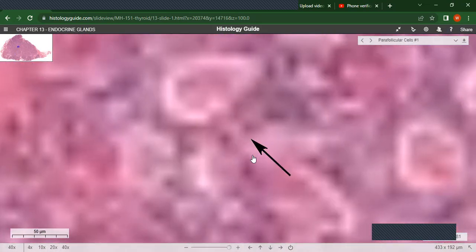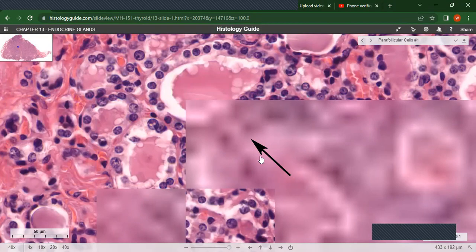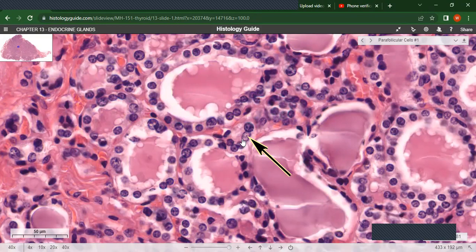Like this pointed here. Okay, this is a parafollicular cell. I want you to note that they are not lining the follicular cavity, like these ones which are the follicular cells, but this one is a parafollicular cell.